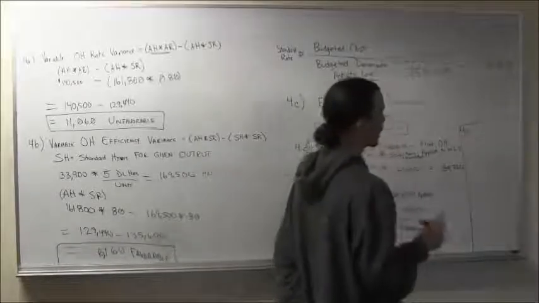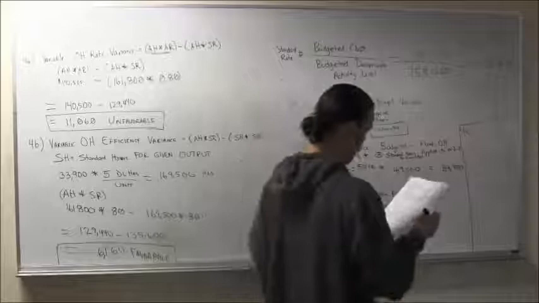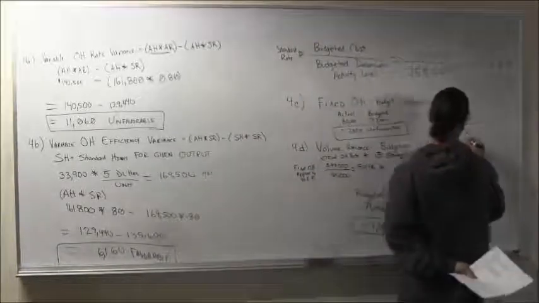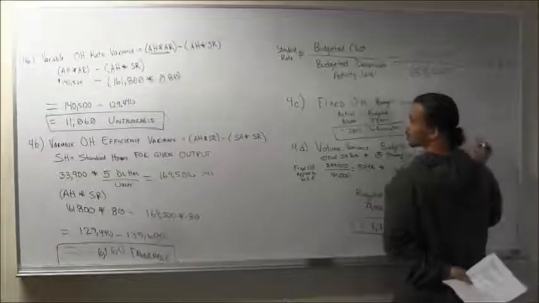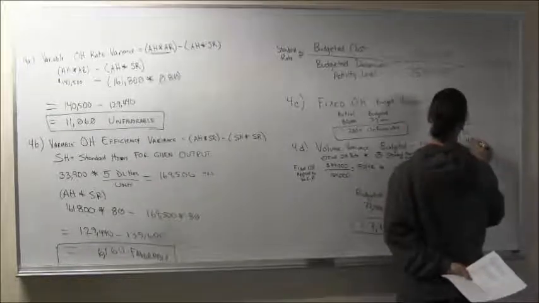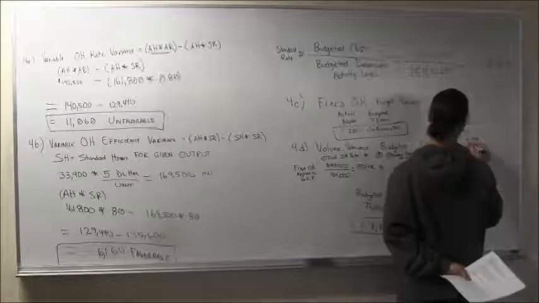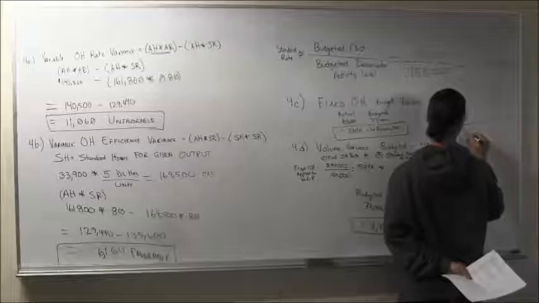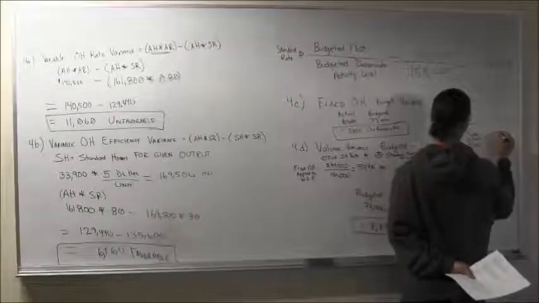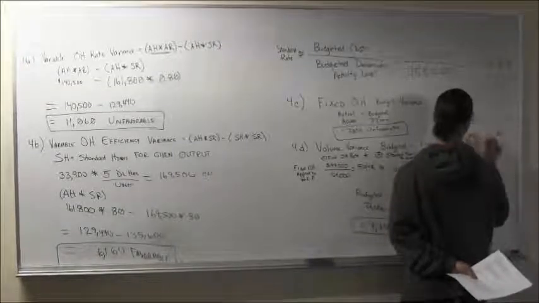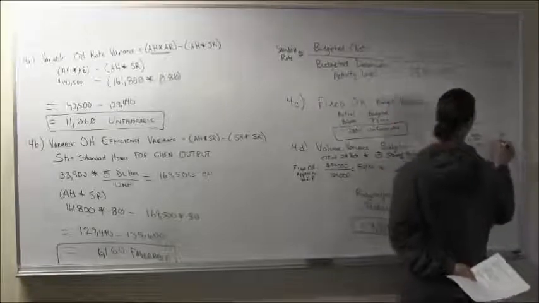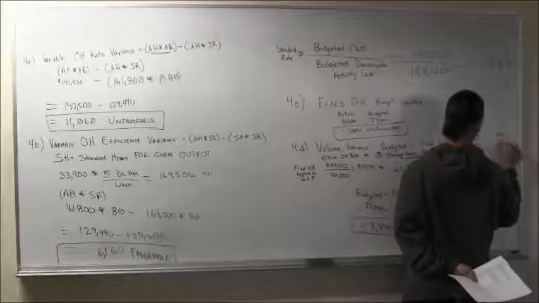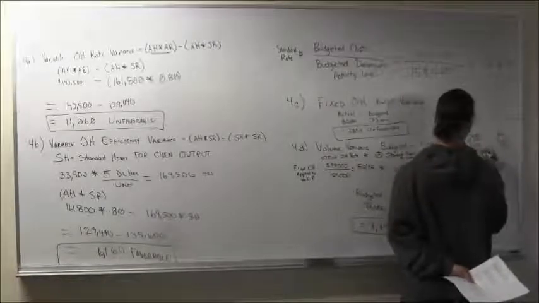All right, calculate the over or under applied. So far we have unfavorables of 11,060 and then 3,000, right? And I have 6,160 favorable. So this is unfavorable, this is favorable. You're basically just summing them up.